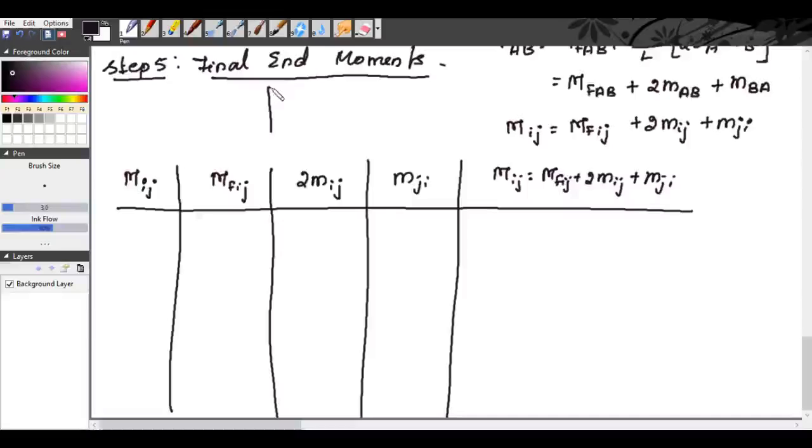Now see, our diagram is like this, right? A, B, C, D. So, for MIJ, we have MAB, MBA, MBC, MCB, MCD and MDC.